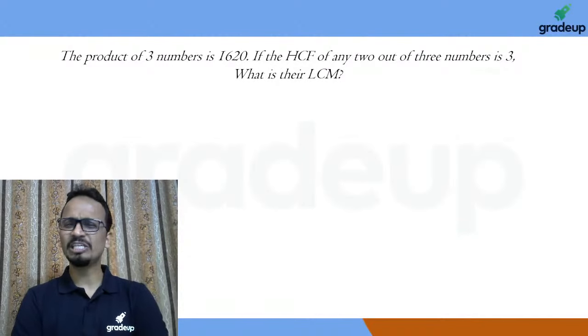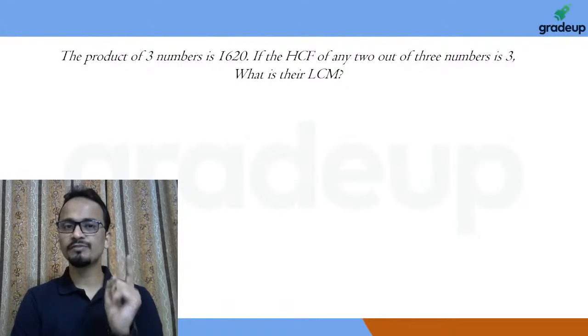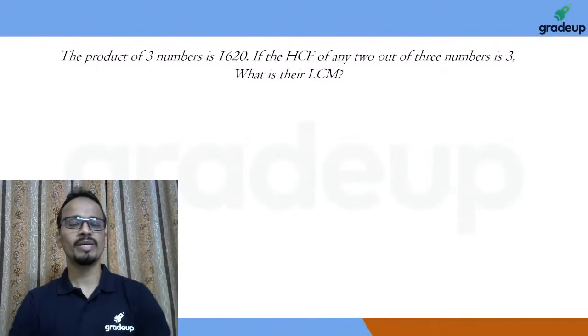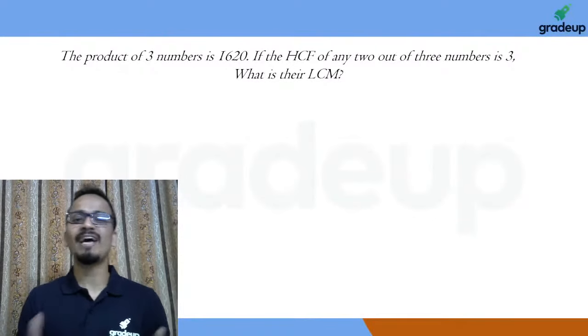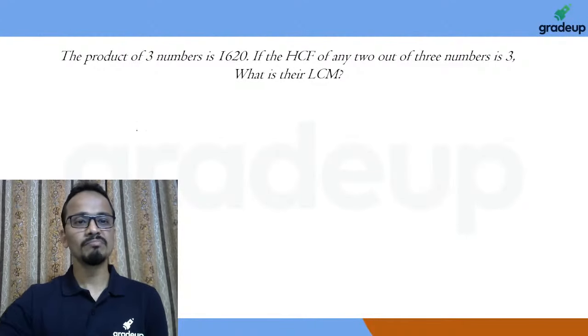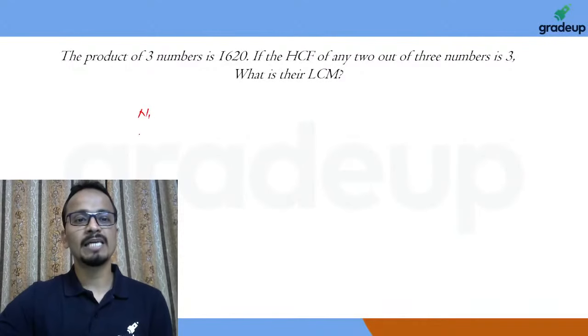Now, a very easy question if you will focus on the second statement. If the HCF of any two out of the three numbers is 3, find their LCM. So again, you can start by assuming the values of these three numbers. I'll assume the numbers as N1, N2 and N3.